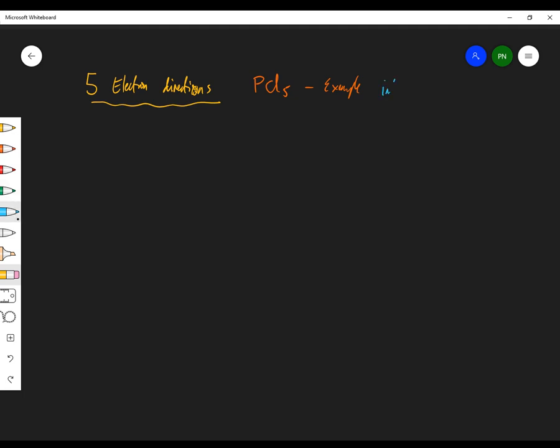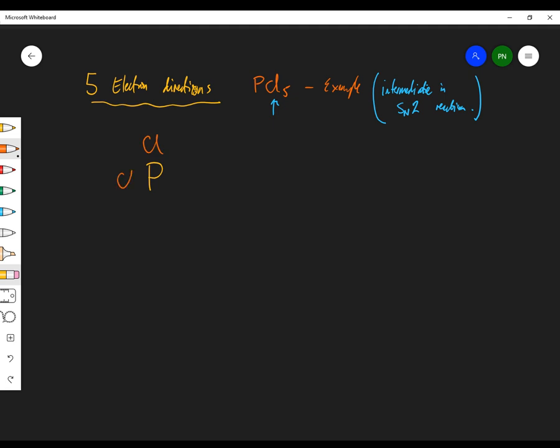It's an intermediate in an SN2 reaction. I don't know if you know what that is yet, but we're going to use the PCl5. So if you looked at a PCl5 molecule, what would it look like? It would look like this.